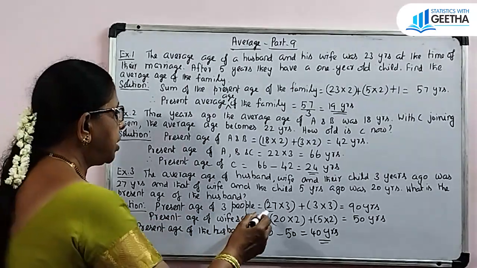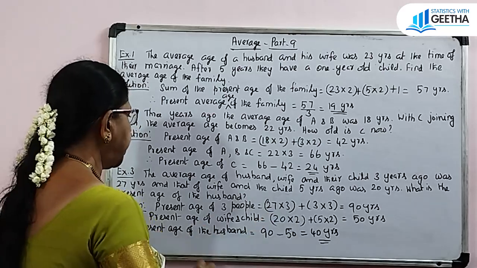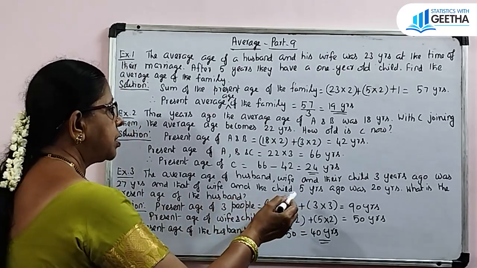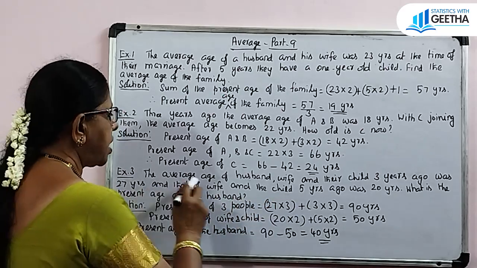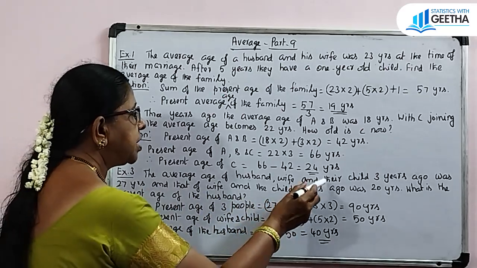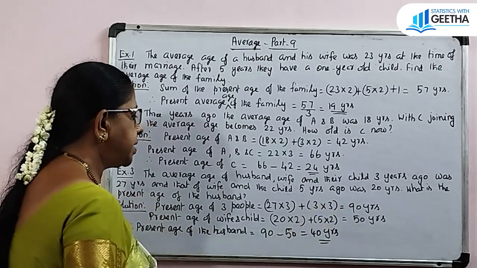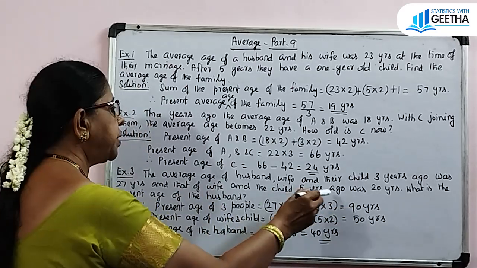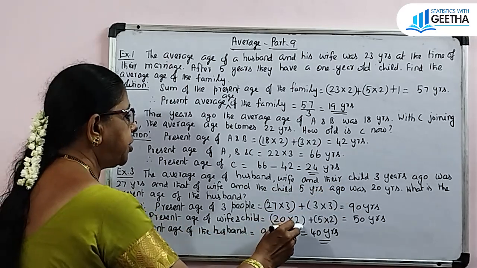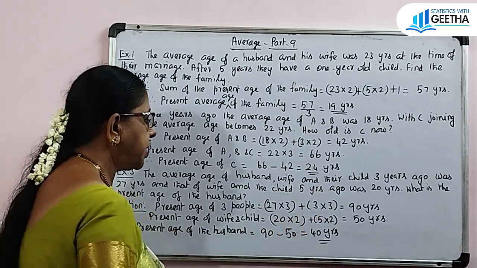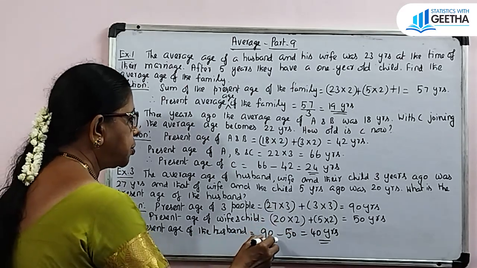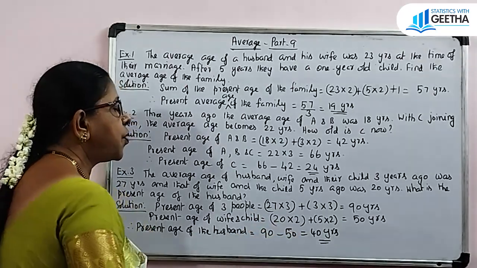First, for the 3 people, 27 into 3 plus 3 into 3, because the average age is 27 years and it was 3 years ago, that is 90 years. Present age of wife and child: the average age was 20 years, 5 years ago. So 20 into 2 plus 5 into 2, that is 50 years. And the present age of the husband is the difference between the two. So 90 minus 50, that is 40 years.